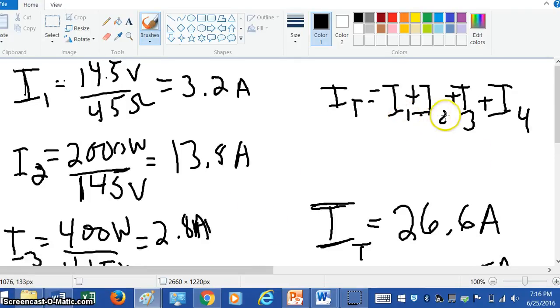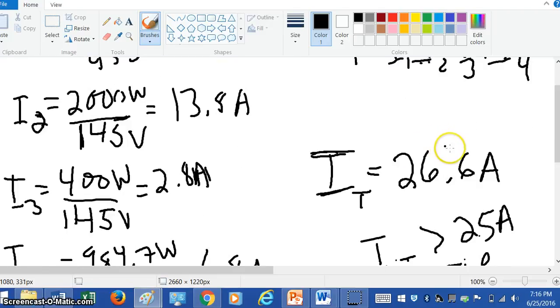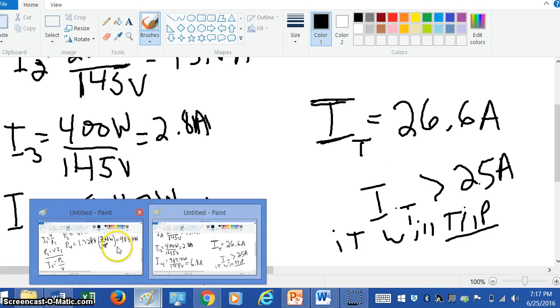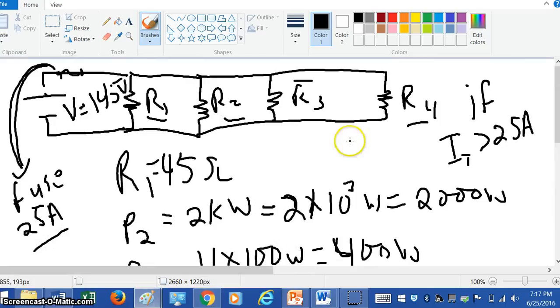When we add all these up, I1 plus I2 plus I3 plus I4, you get 26.6, which is clearly greater than 25. So if this was a circuit breaker, it trips. If it was a fuse, the fuse blows. This configuration basically cannot handle it. It exceeds 25 amps.